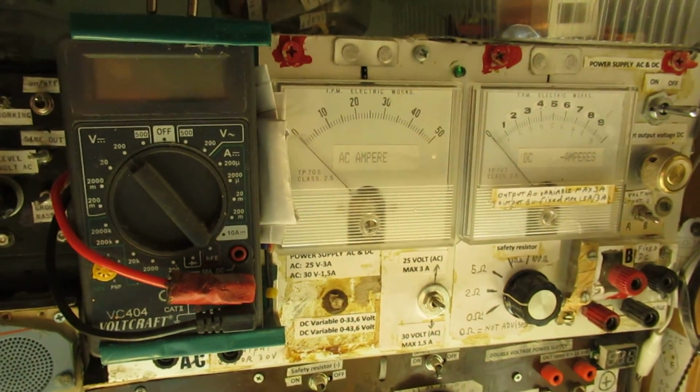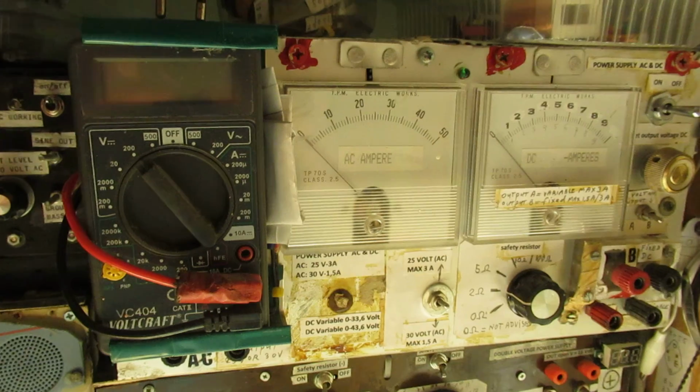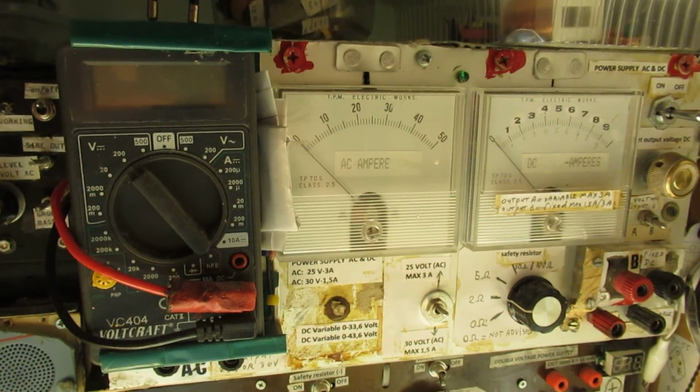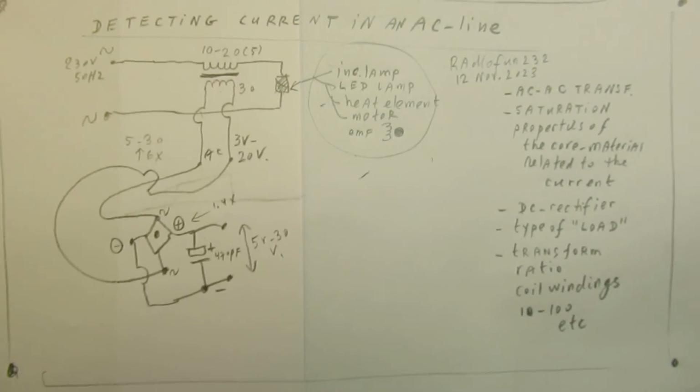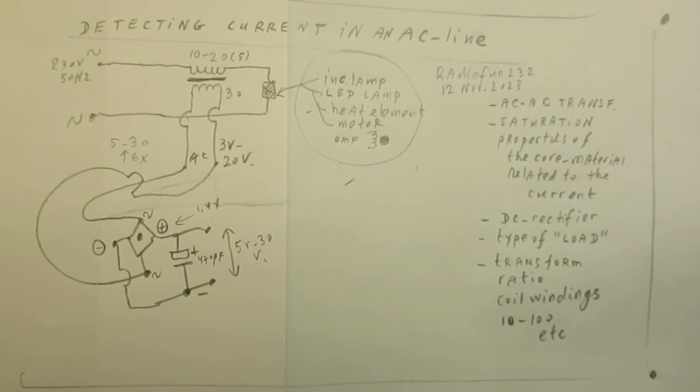Inside this power supply that I'm using always in all my experiments, and when you have followed my channel you will surely know that there is such a transformer, AC transformer.